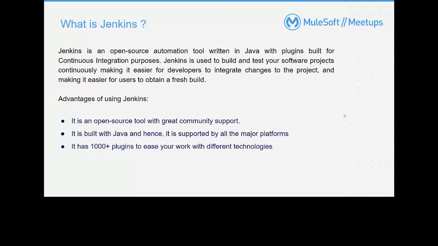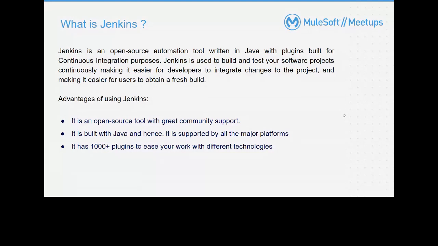The main advantages of Jenkins are that it is an open source tool with great community support. It is built on Java, so it supports majorly all the technologies and platforms, and it has thousands of plugins for each technology which you can easily import to Jenkins and use for integration with your projects.